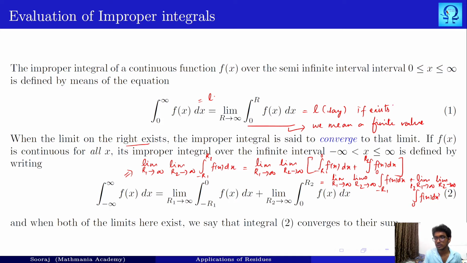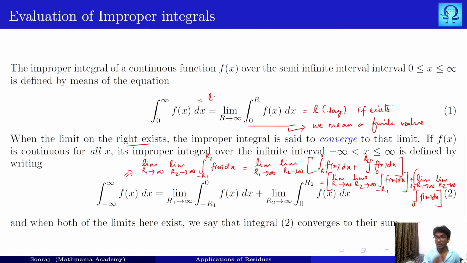When we split things up, this is what we get, right? Here the first one is independent of r2, so when you make r2 go to infinity, this does not affect it. Similarly, the second one is independent of r1, so this does not affect it, and hence we have equation 2.